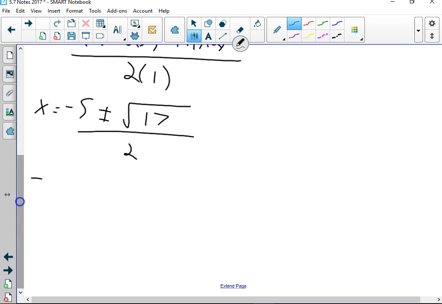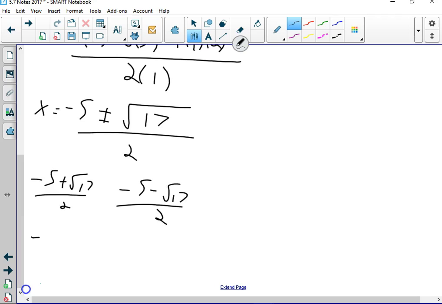We're going to literally just do negative 5 plus radical 17 divided by 2, and negative 5 minus radical 17 divided by 2. All right, so when you do this, you should end up with negative 0.4, rounded. And on this one, negative 4.6. Negative 4.56, rounded to negative 4.6.